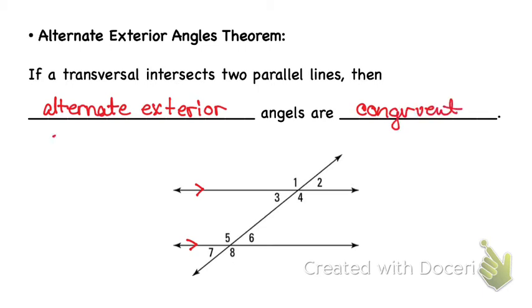So again, alternate of the transversal, exterior of the parallel lines. So exterior, so it's outside, so that would mean angle 1 and angle 8.